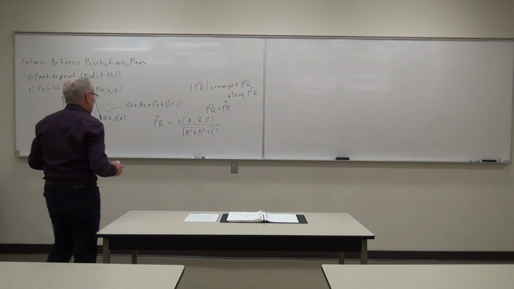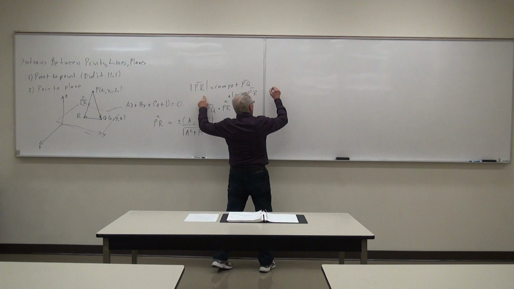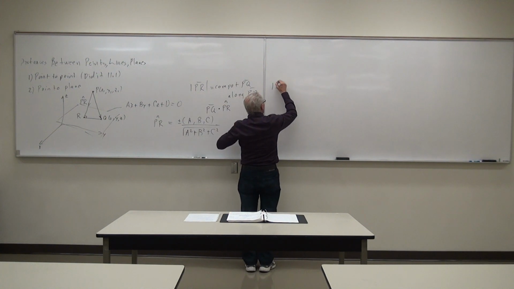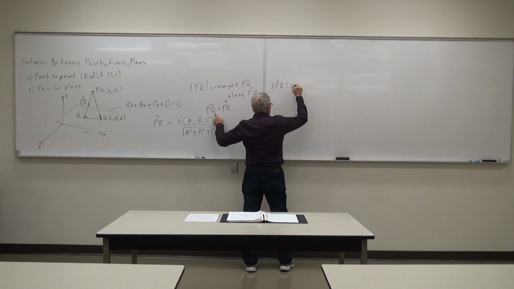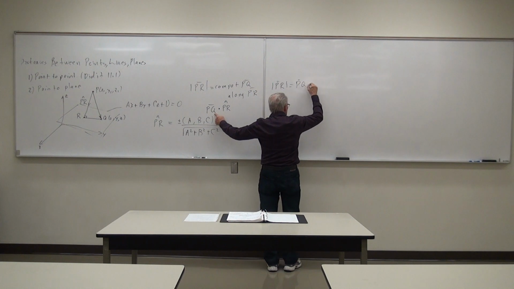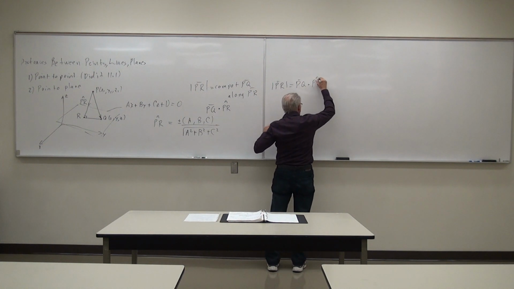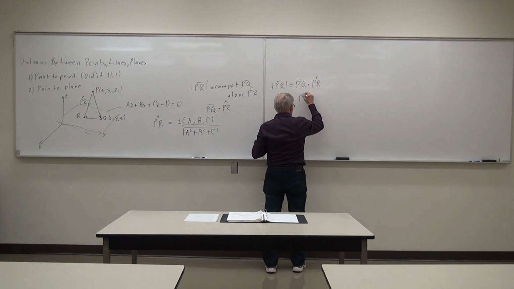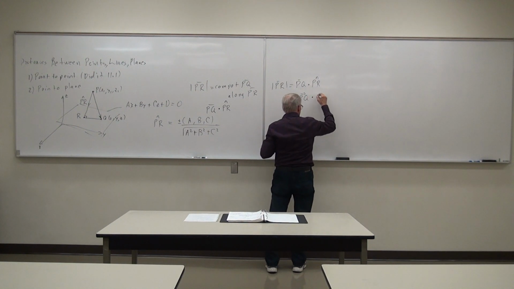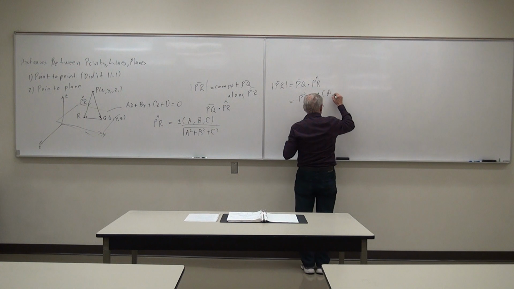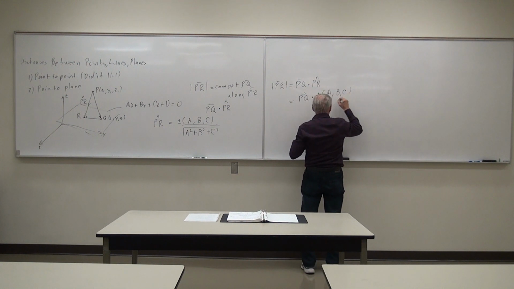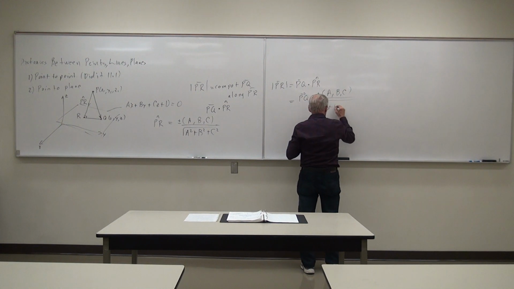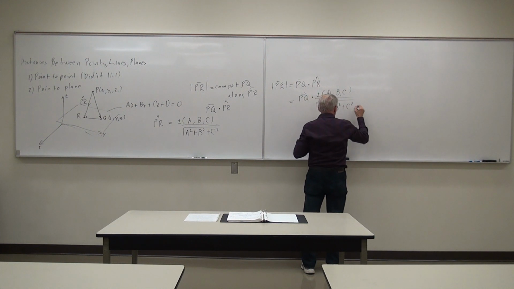So we can see now, carrying this, that the PR length, which we said was PQ dot PR hat, is equal to PQ dotted with this plus or minus ABC over the square root of A squared plus B squared plus C squared, right?